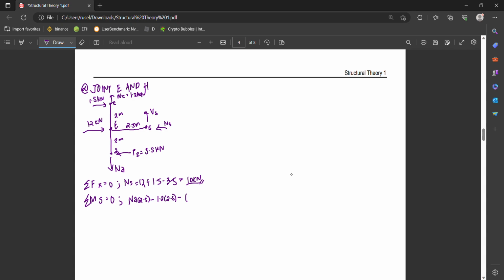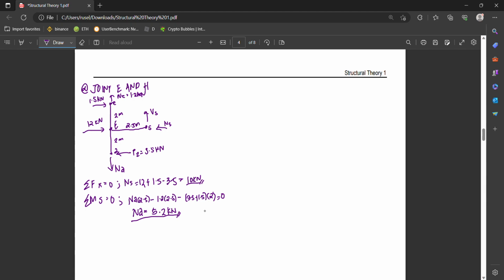Pag-add lang natin to, 3.5 plus 1.5 times 2. Dalawa yan, distance niya from S. Dalawa. Okay. So, your NA is equal to 5.2 kilonewton. 5.2 kilonewton. Ayan.